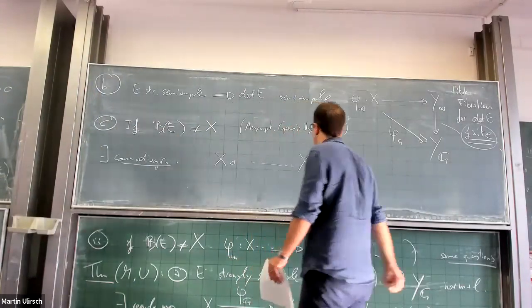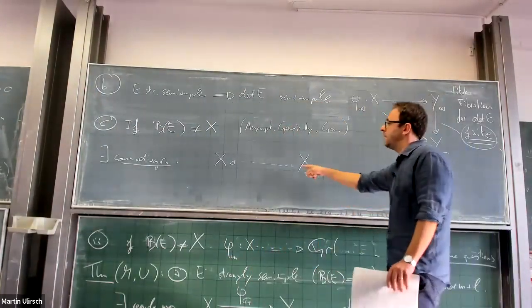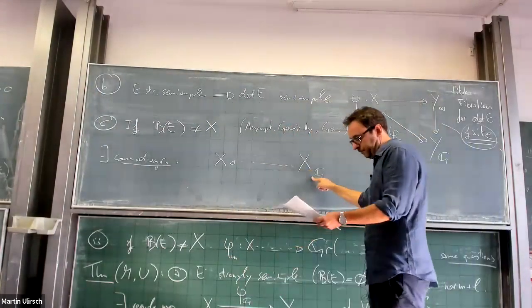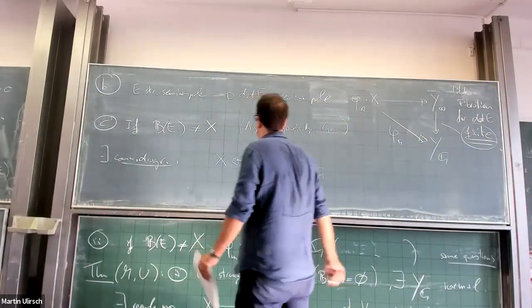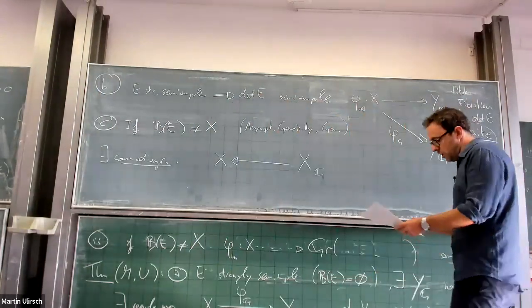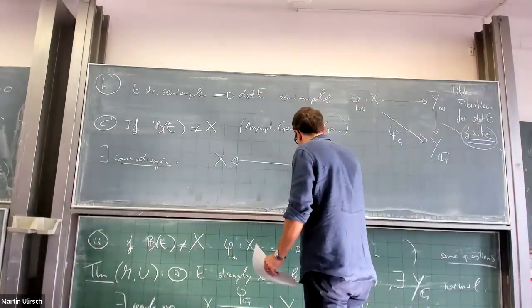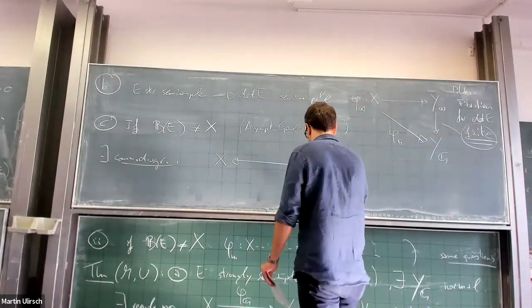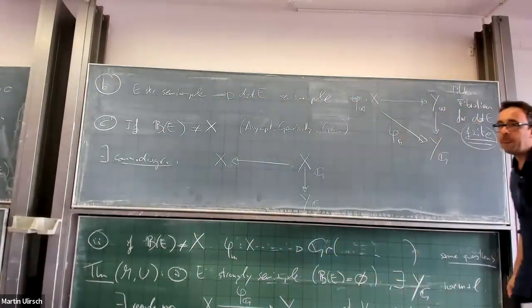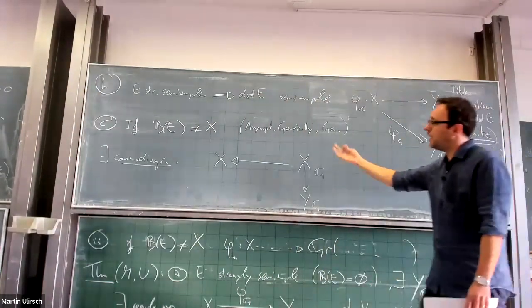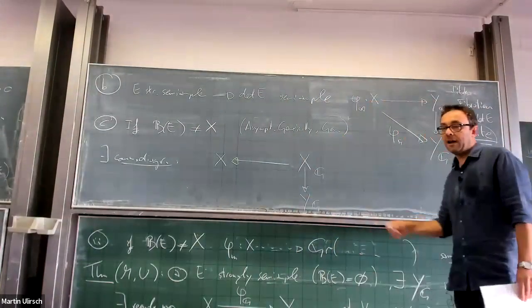So there exists a regular and birational map to some normal variety X_G, and there exists a regular surjective map X_G to some Y_G, such that this is asymptotically the Kodaira maps.